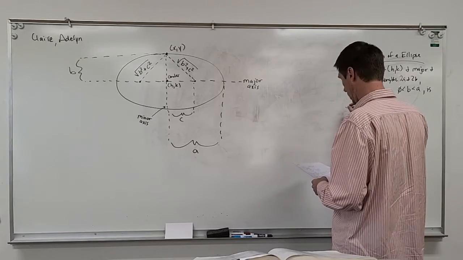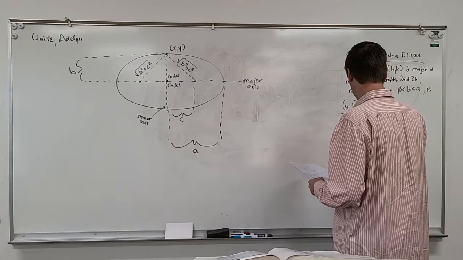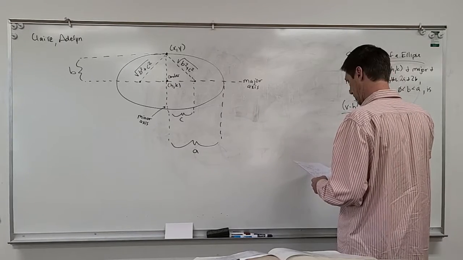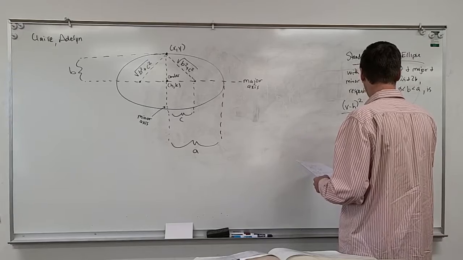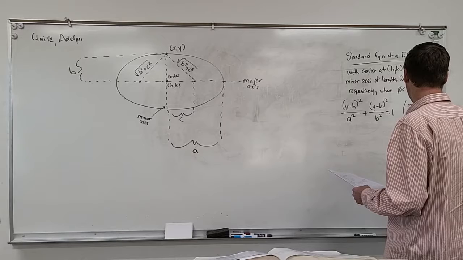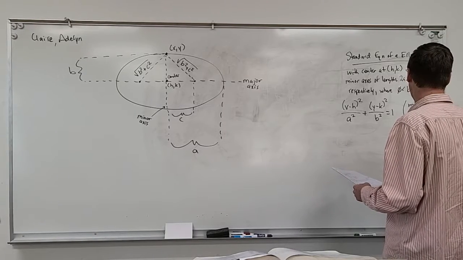And here's our two equations. X minus h squared over a squared plus y minus k squared over b squared equals 1. And this is the equation when the major axis is horizontal.